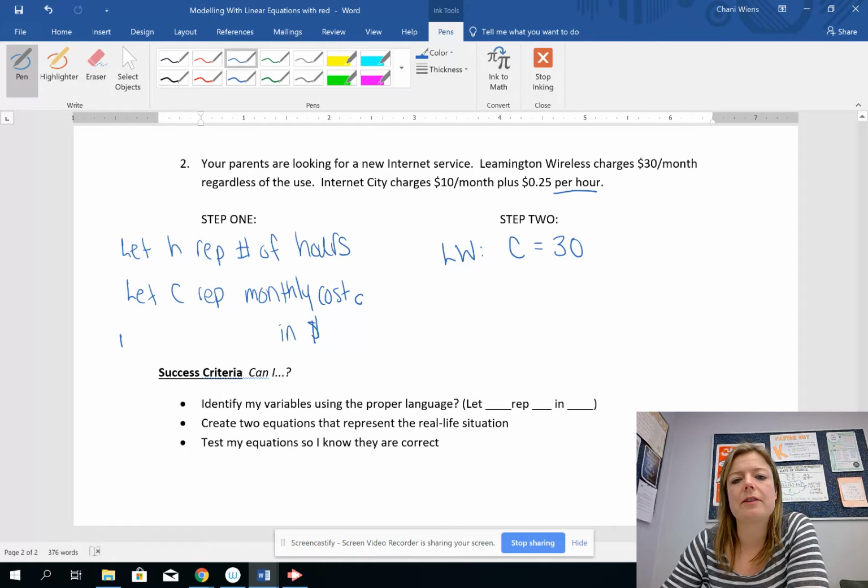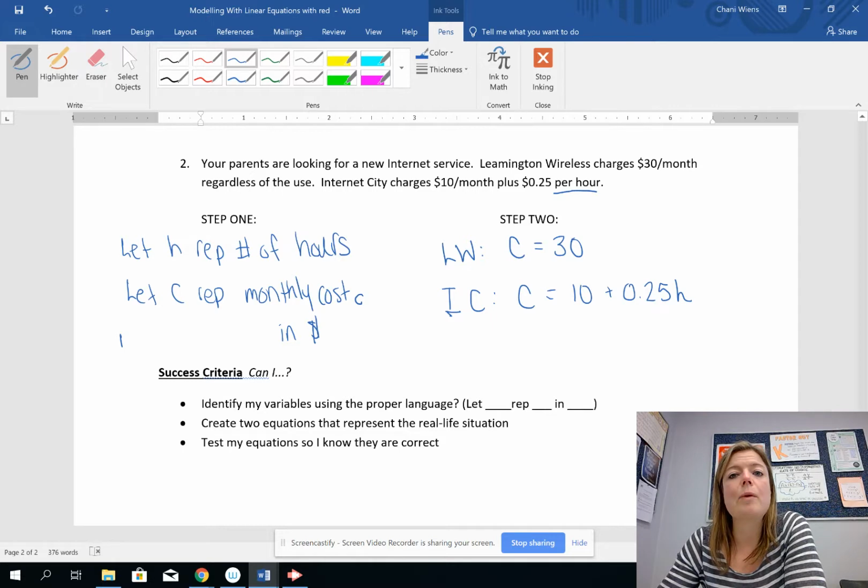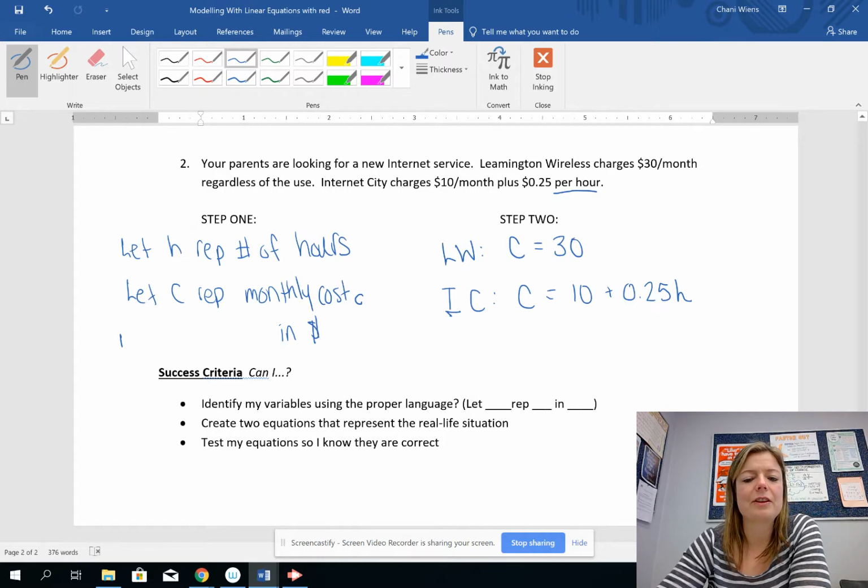It's not dependent on the number of hours. Internet City, however, their cost is $10 plus 25 cents per hour. So those are the 2 equations, and you would compare those to find out which wireless service is least expensive, depending on how many hours you actually use the internet.